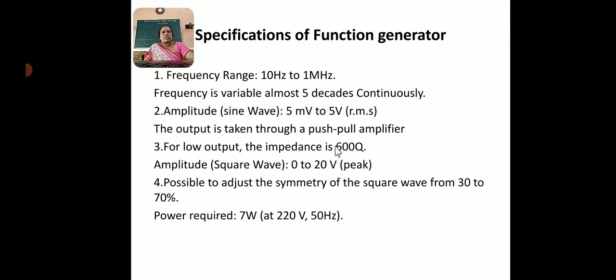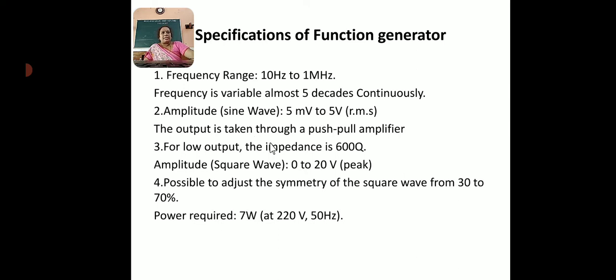Following are the typical important specifications of an AF sine and square wave generator. Here the frequency range is 10 Hz to 1 megahertz. Frequency is variable, almost 5 decades continuously. Amplitude of the sine wave is 5 millivolt to 5 volt.